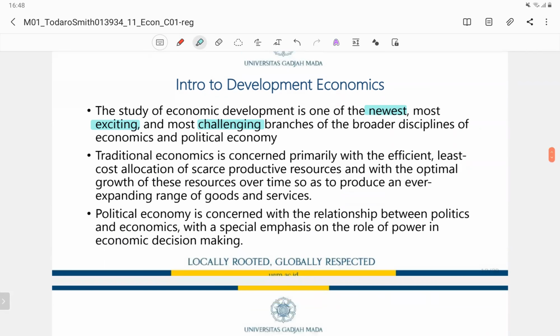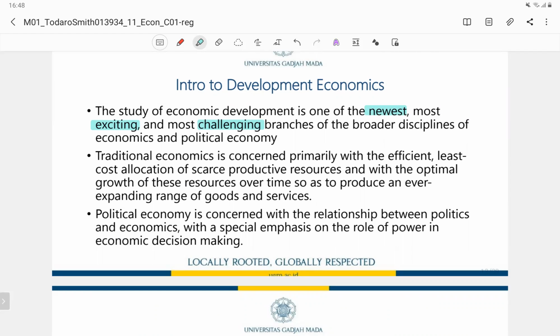So it is stated here that this is one of the newest, which means this discipline is still young, and also most exciting, yet most challenging, which means you will have fun, but you will also be challenged in this course. It is going to be, I think, a relatively difficult course, but it's going to be fun. So you will enjoy it.